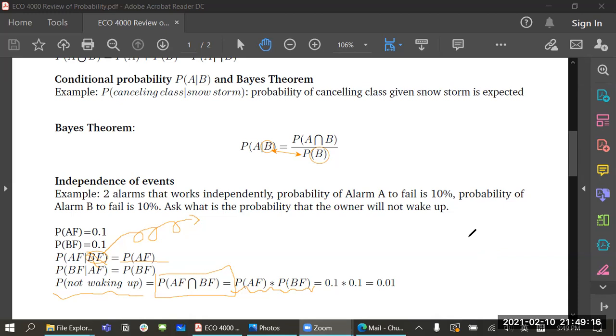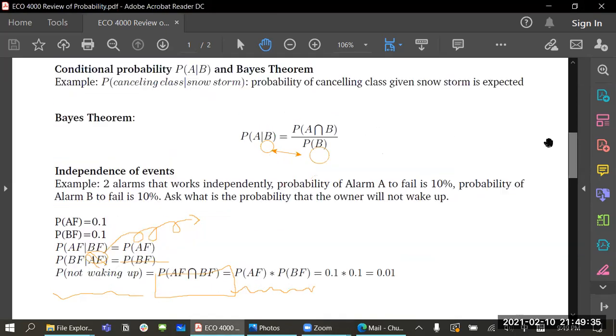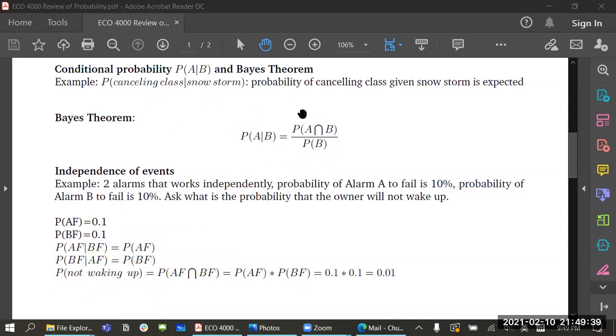So it equals 0.1 times 0.1, which is 1%. 1% is not that bad, but a 10% failing alarm is still very bad. All right, I hope that is clear. You probably still feel confused about Bayes' theorem, but I need better examples to talk about it, so we'll talk about it later.